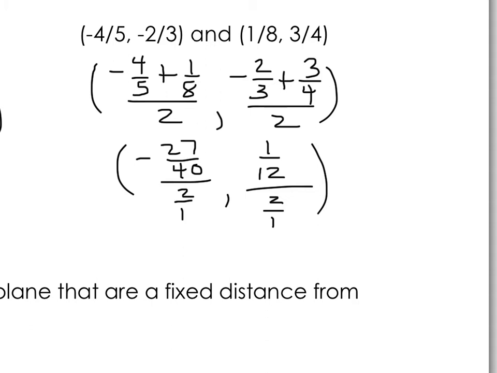And remember, we divide by fractions by multiplying by the reciprocal. So it's negative 27/40 times 1/2. That's negative 27/80. 1/12 times 1/2, 1/24. That's our answer. That's the midpoint.